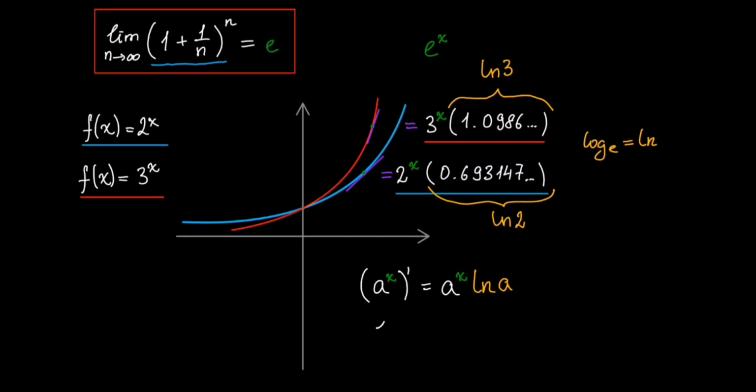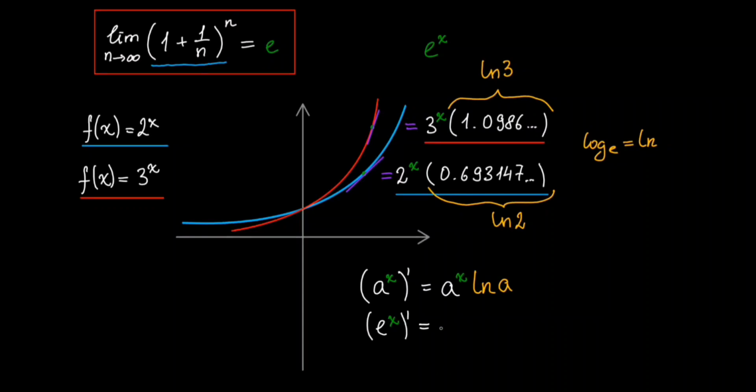In the case of e to the power of x, it's no exception. We still get the same e to the power of x, and then the ln of e. The only thing you should notice here is that ln of e is actually just 1.